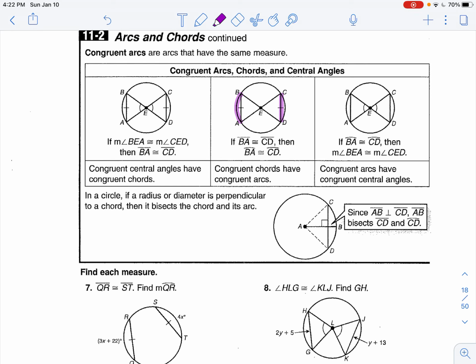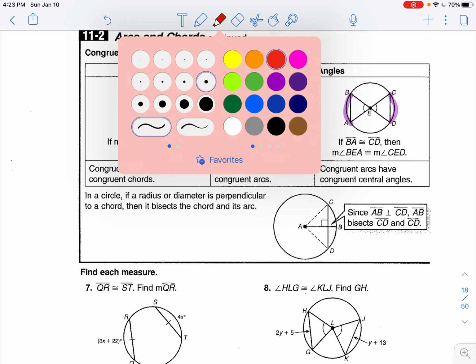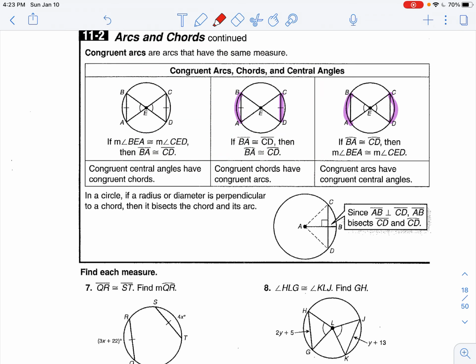Congruent arcs have congruent central angles. So if I know that arc BA is congruent to arc CD, then I'm also going to know that angle BEA, this angle here, is congruent to angle CED. In a circle, if a radius or diameter is perpendicular to a chord, then it bisects the chord and its arc.